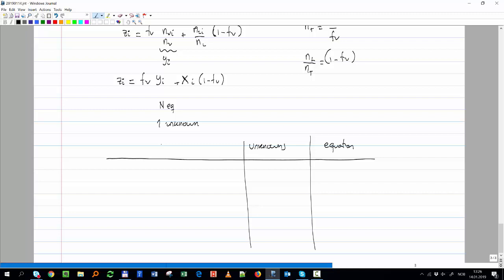We have Ki: I have 2 times n unknowns, and I have n equations. Then I have the sum of Yi, which brings no new unknowns, but one more equation. The sum of Xi, no new unknowns, but one more equation.